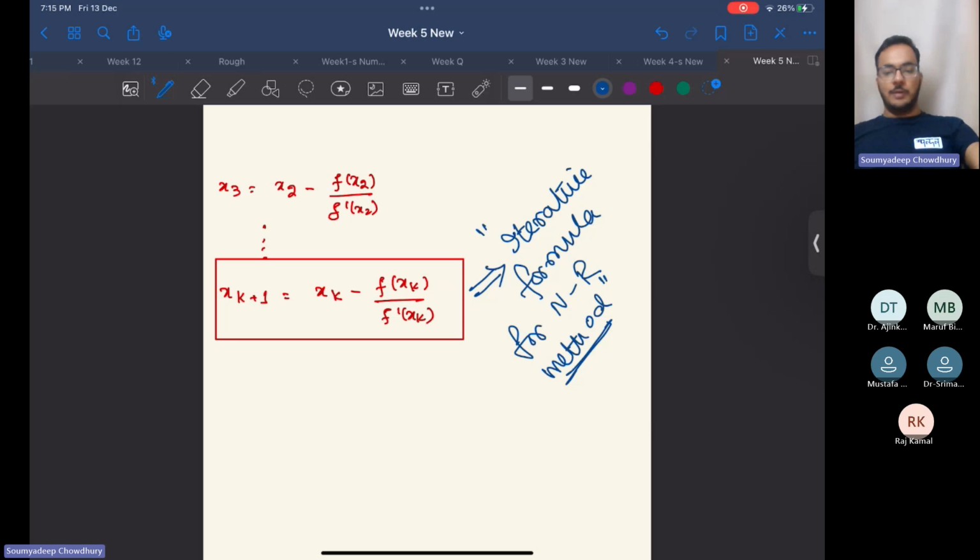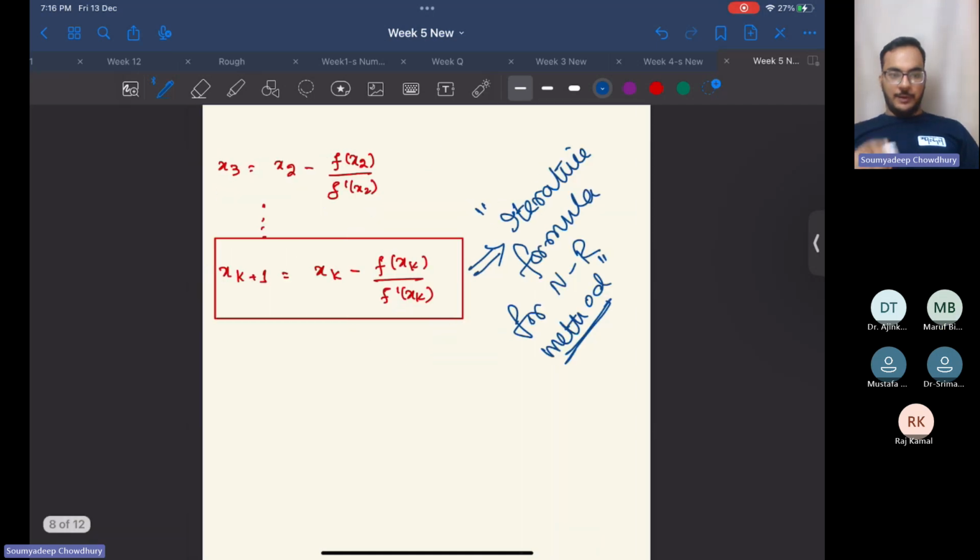Is it clear how I derived this formula? Is it clear with everyone? Yes, sir. Okay. Using this, we find the next value of x in the iterations, and we stop when the tolerance value is reached.